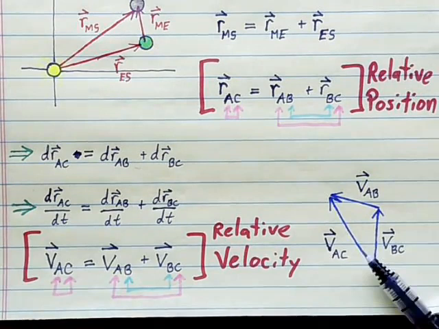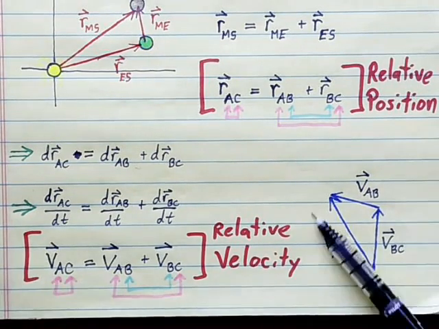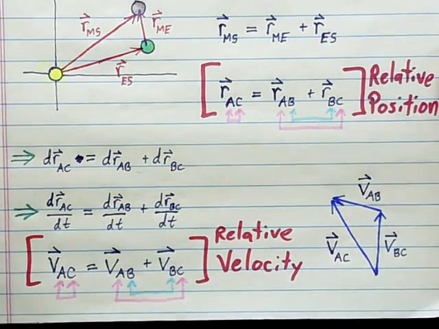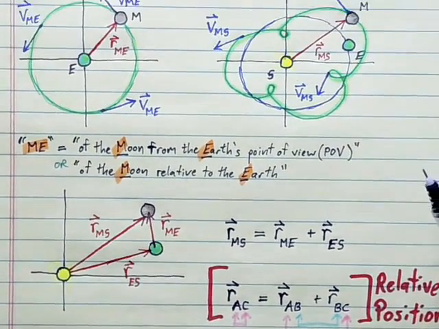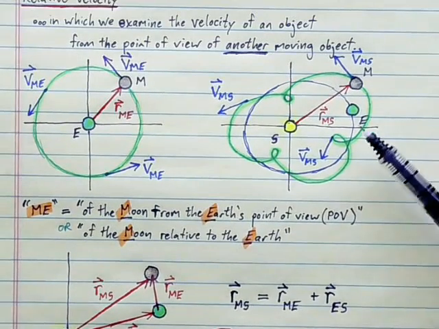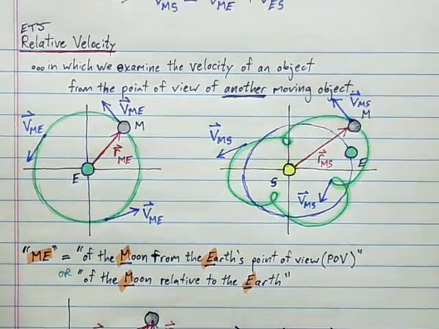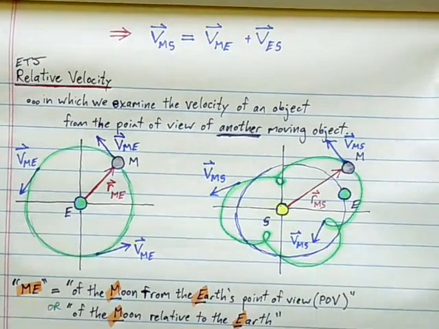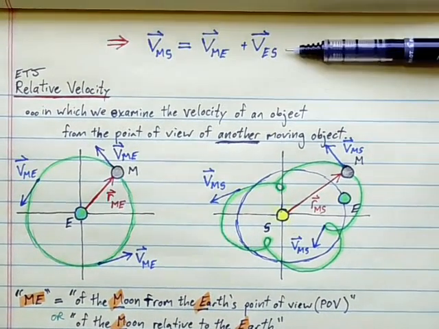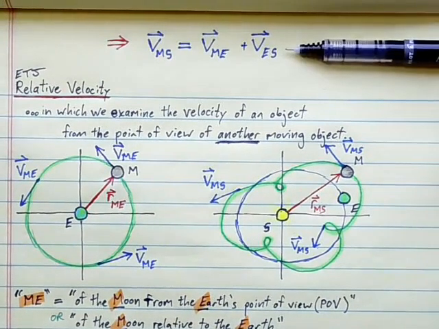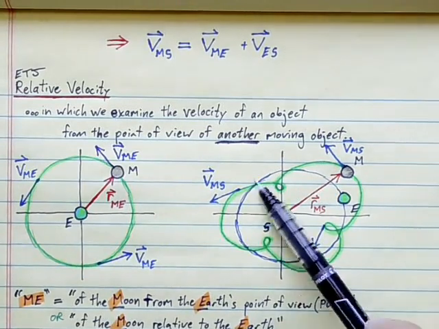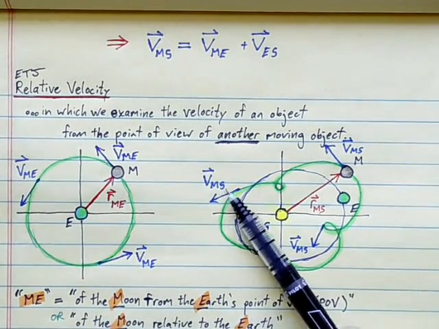Once again, comparing this generic picture with A, B, C back to our original example with S, E, and M, the sun, Earth, and the moon, by identifying subscripts, we get this here. This is what we were looking for at the beginning. The equation that relates the velocity of the moon from the sun's point of view.